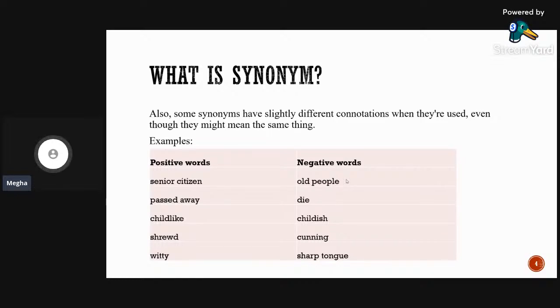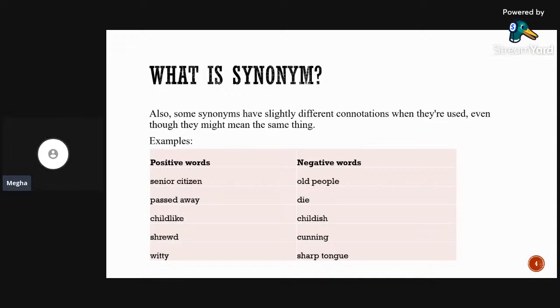Yes. So, for example, even though they have the same meaning, it might cause some connotations. When it comes to synonyms also, there will be certain positive words as well as negative words. So while speaking, you should not use negative words much. You have to start using positive words.